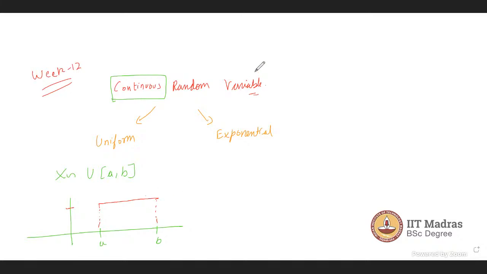In a continuous random variable, suppose I need the probability in this range. So we compute the area under the curve for this region only, right? So in a continuous random variable, we always find area in some intervals only.